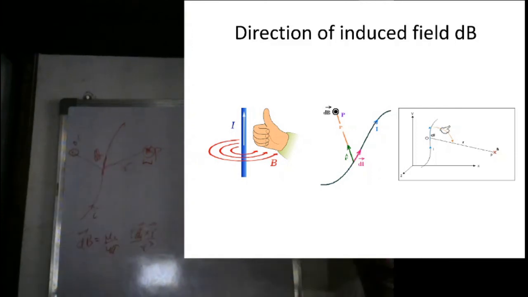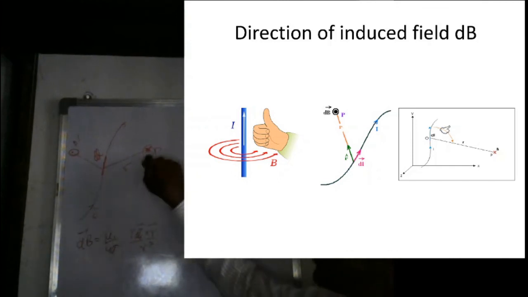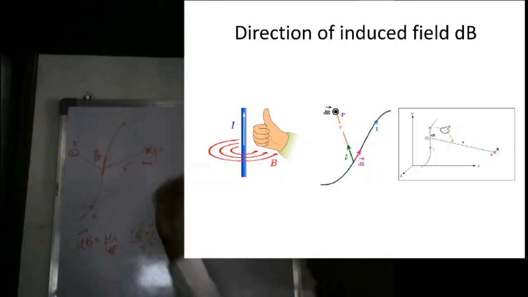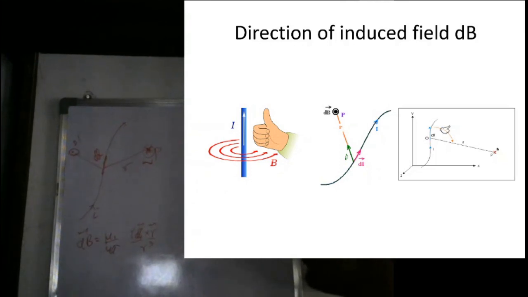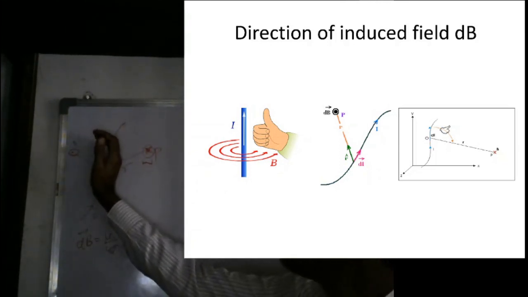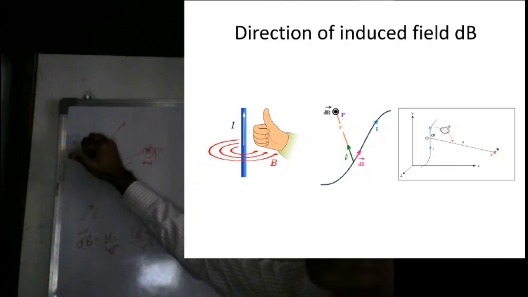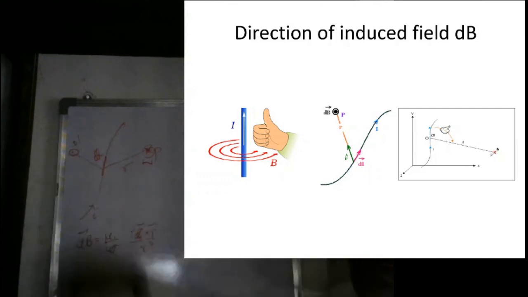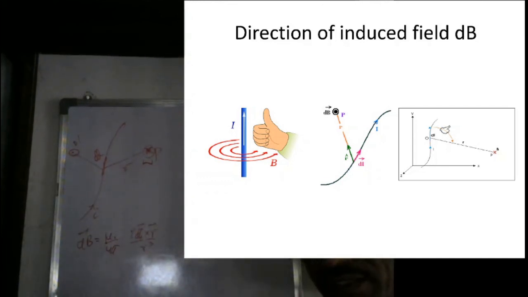Then your thumb is inside the board, so the direction of the magnetic field is inside. In this way also you can find the direction of the induced magnetic field. Otherwise, for the left side, you put your fingers on the board like this, then bring dL to r. What will be the direction of your thumb? Outside. So you have a dot here.